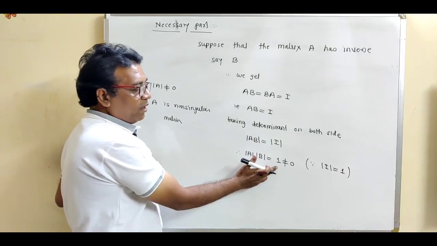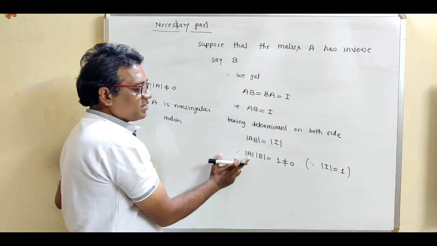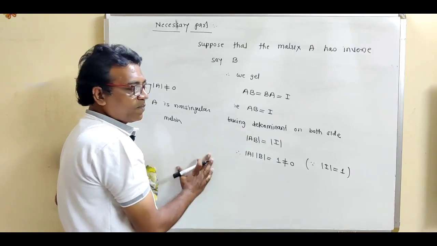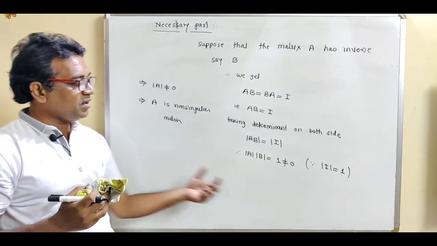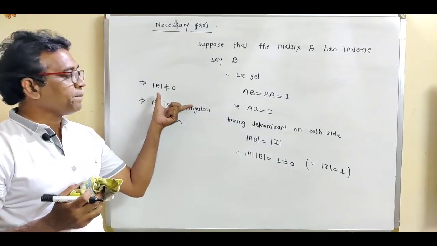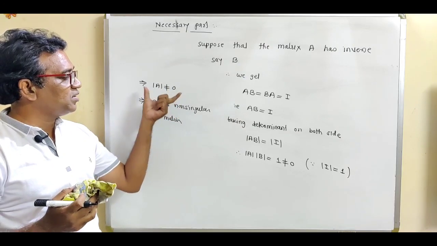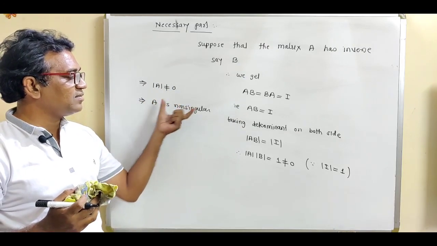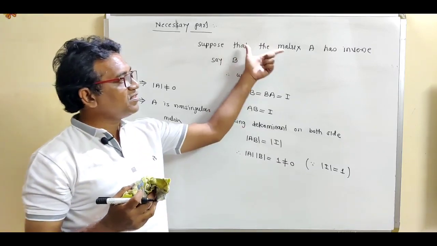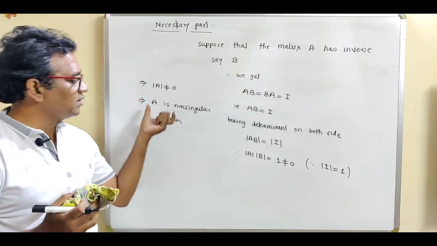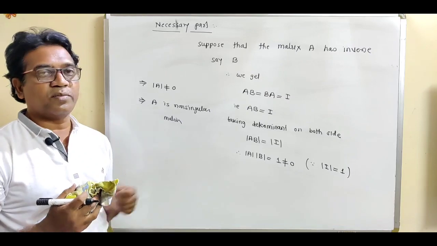It is 1. Obviously determinant of AB is same as determinant A into determinant B. So product of two terms is non-zero, means obviously both the terms are non-zero. So if determinant A is non-zero, then the matrix is said to be a non-singular matrix. So we have shown that if the matrix A has inverse, then this matrix A is a non-singular matrix.